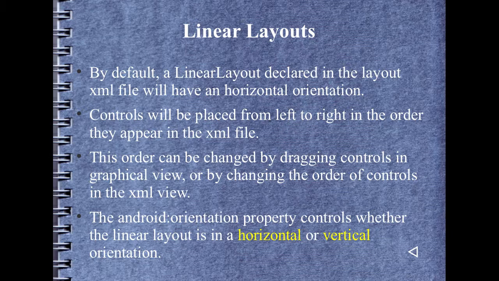We can drag controls in the graphical view to change the order, or we can change the order of the controls in the XML view. If we want to supply a vertical orientation, or if we just want to say for sure that the orientation is horizontal, then we can use the Android orientation attribute. That will control the linear, horizontal, or vertical orientation.